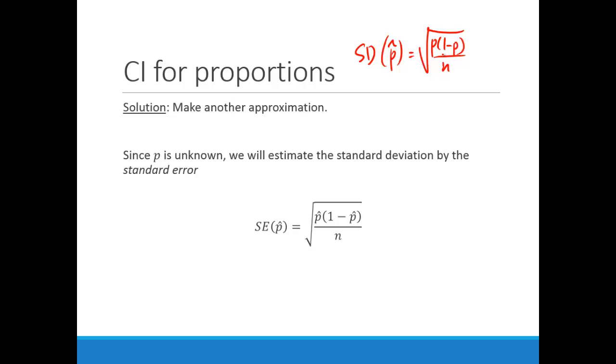So we're going to estimate that standard deviation with something called the standard error. The standard error is an estimated standard deviation. So I'm throwing some new terminology at you there, just to clarify we're talking about an estimated standard deviation instead of the true standard deviation.